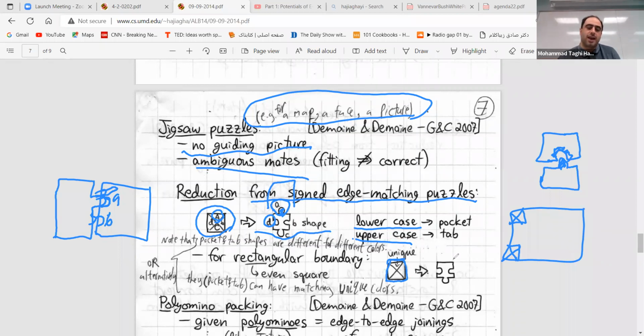For this, you can have a shape like this. This makes sure that if this part is in the boundary, then you put it here. So no tab, no pocket. This makes sure that these pieces only go to the boundary, no other place. And that actually exists. So from this, you can see if there is no tab or no pocket, they should go to the boundary.